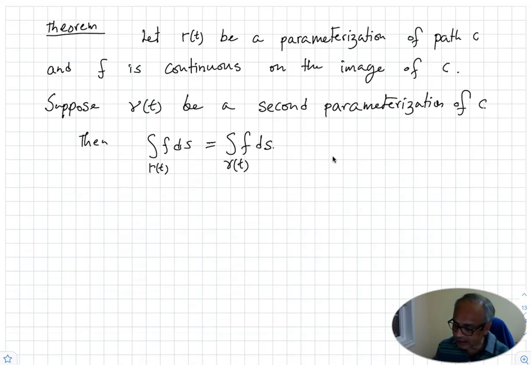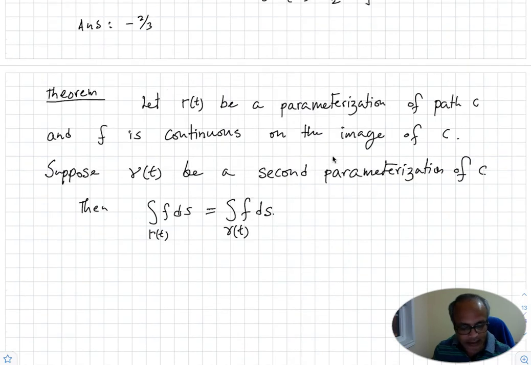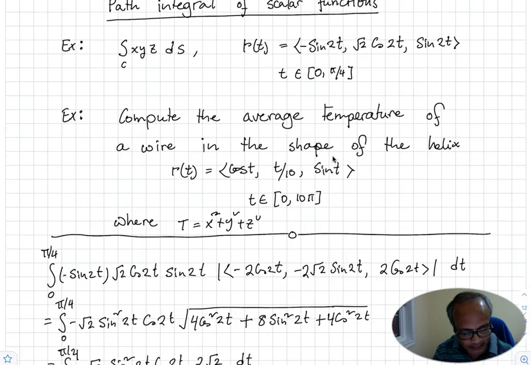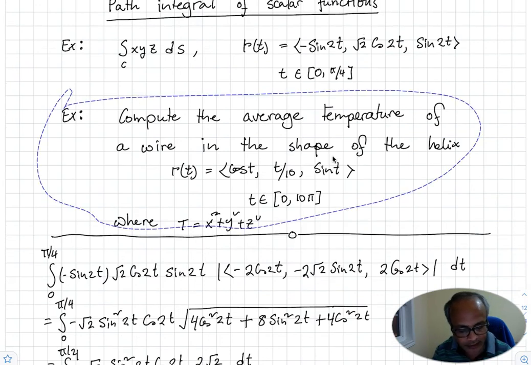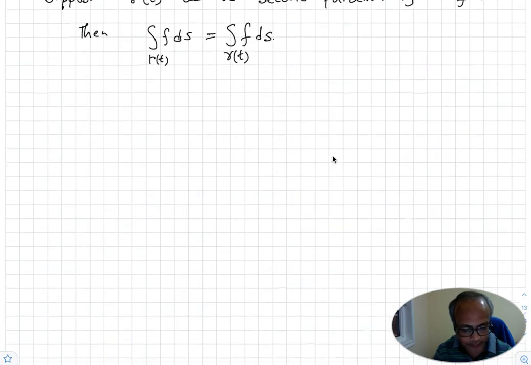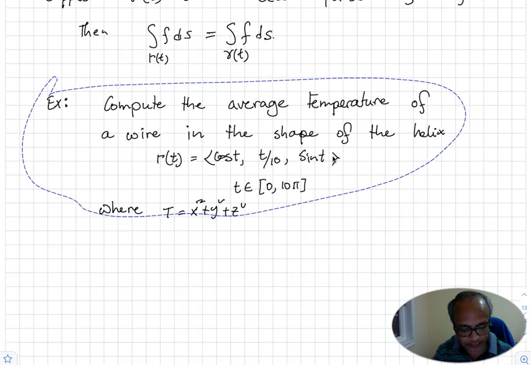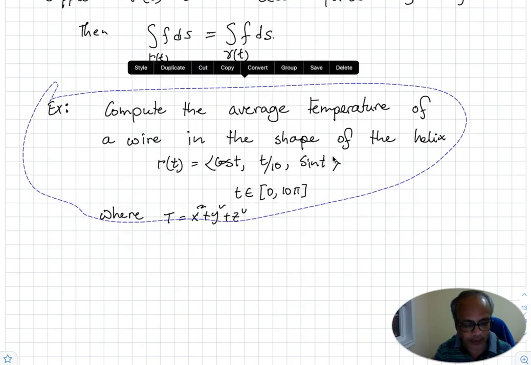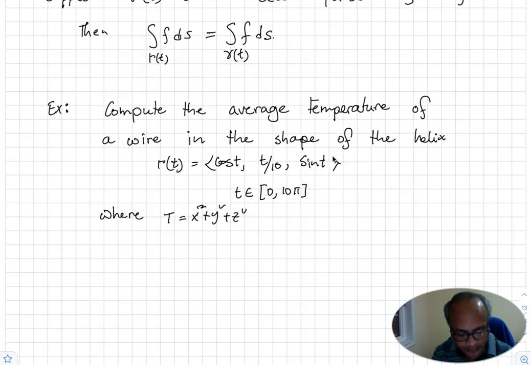The second example, that's just for clarity, copy it here. Okay, so you want to calculate the average temperature, right?